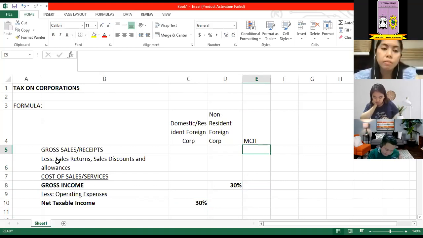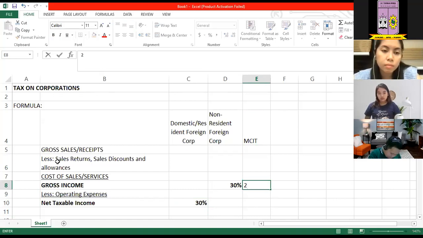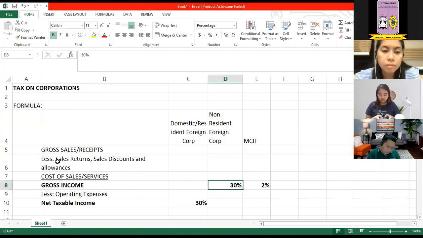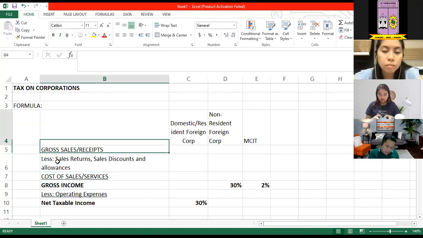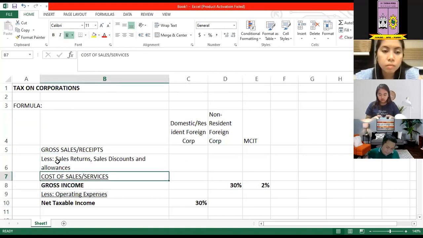So, saan daw nakabase yung MCIT? Dito daw sa gross income. Yan. Ngayon, ano yung function niya? Ang function niya is actually, compute ka na, di ba? Kinumpute mo na yung gross sales, nag-less ka na ng sales returns, nag-less ka na ng cost of sales, nag-arrive ka na sa gross income. Regularly, normally, magli-less ka pa ng operating expenses, tama?